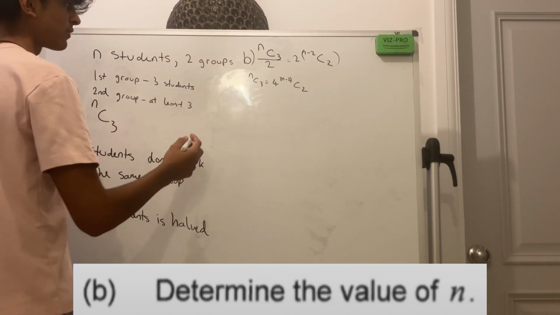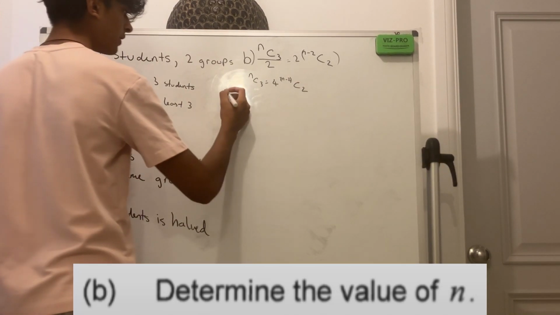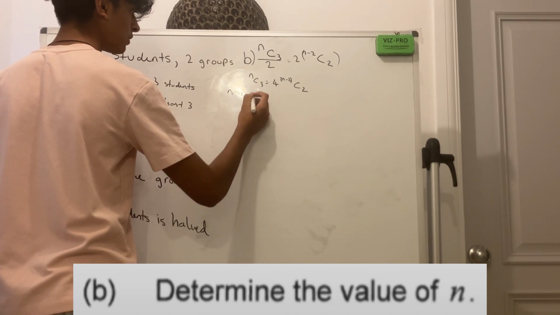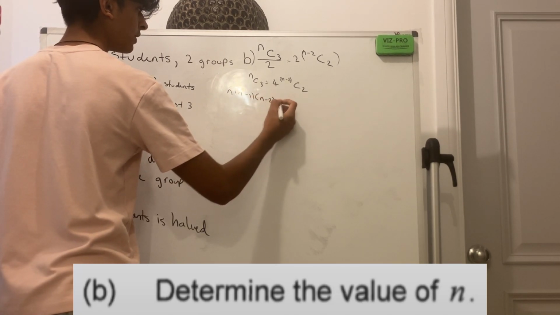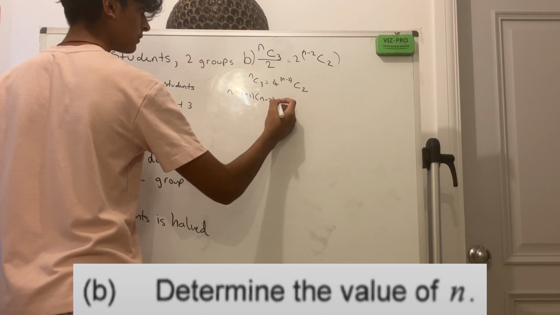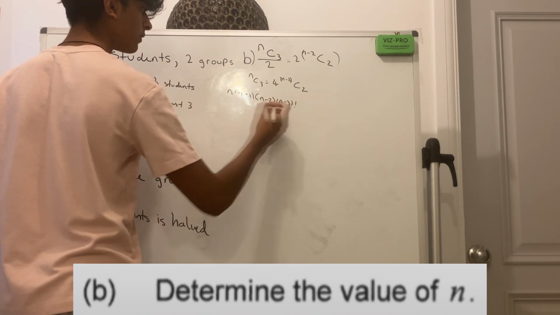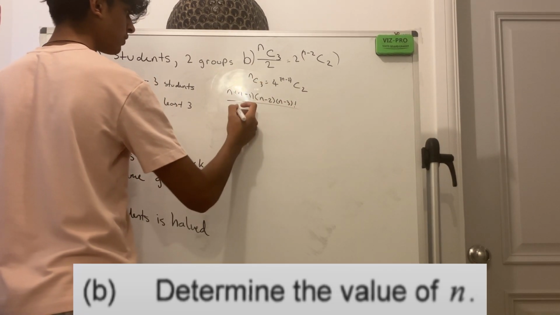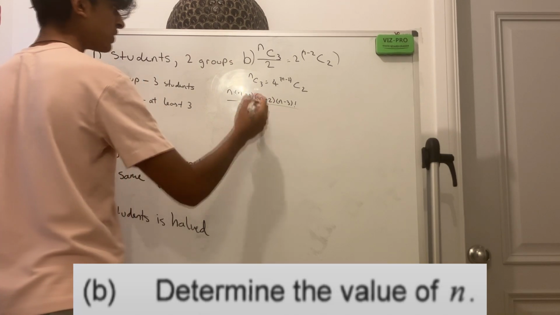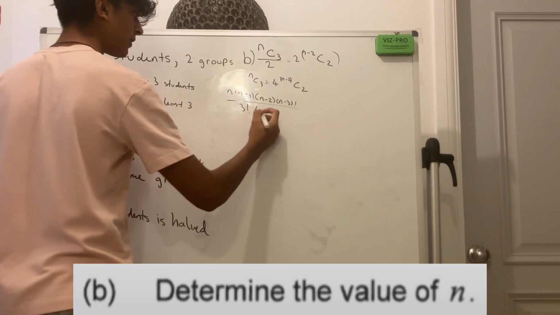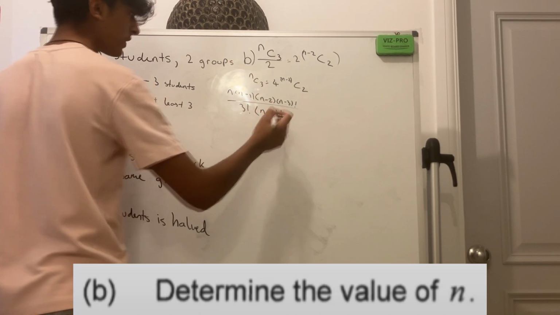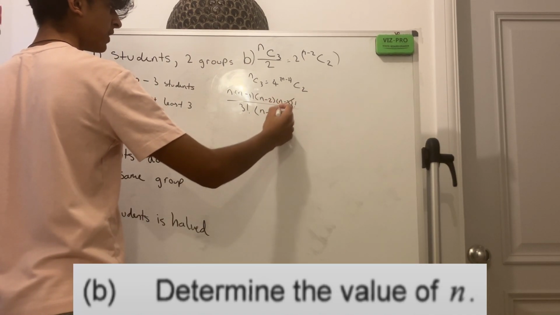N choose 3 is n factorial over 3 factorial times n minus 3 factorial. I'll write it down: n times n minus 1 times n minus 2 times n minus 3 factorial, over 3 factorial times n minus 3 factorial. These 2 cancel out nicely.